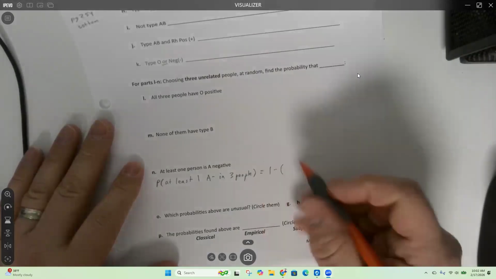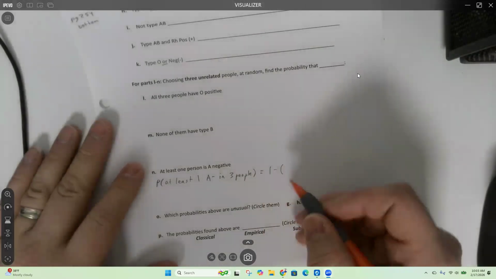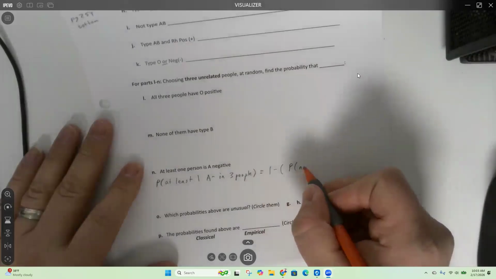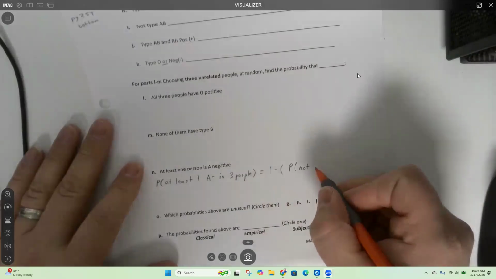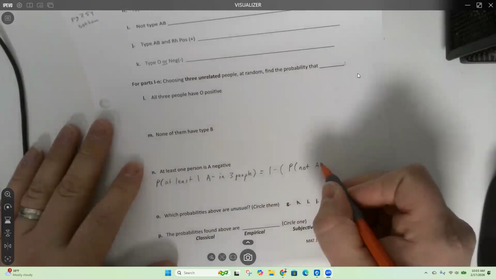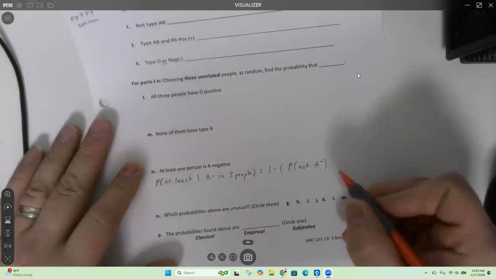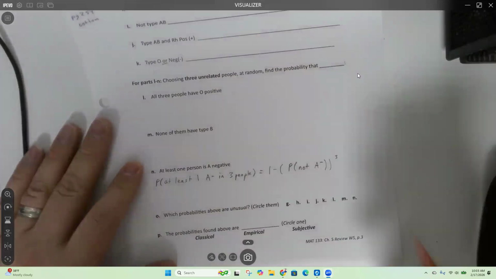Let's see what it looks like. It's the probability of not A negative, and then you close two parentheses, and then you raise it to the number of people.